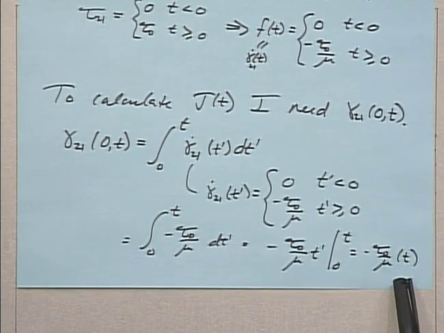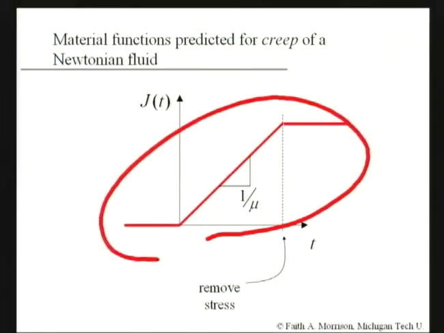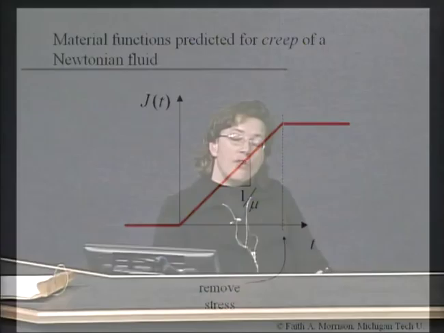We can use this result in the definition for J of t, and then we'll get our final answer that's shown on the next slide. I've run out of time, but I'll review this and discuss this the next time. Although this was a little tricky, the logic was very much the same as before.